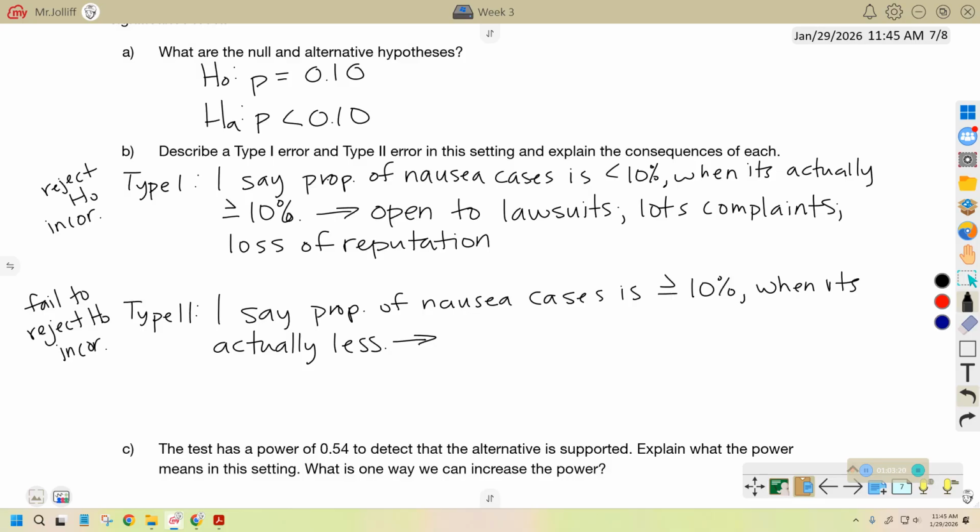As the drug manufacturer, what am I likely to do? My drug is causing more side effects than I would like. What am I going to do? Yeah, take it back to the lab. Let's do some more R&D.